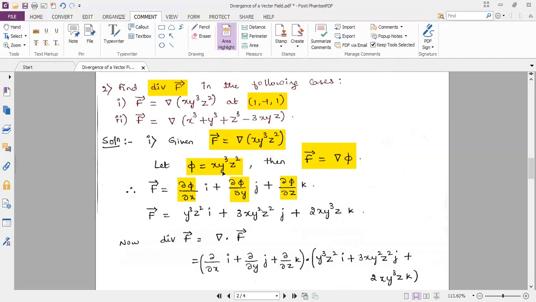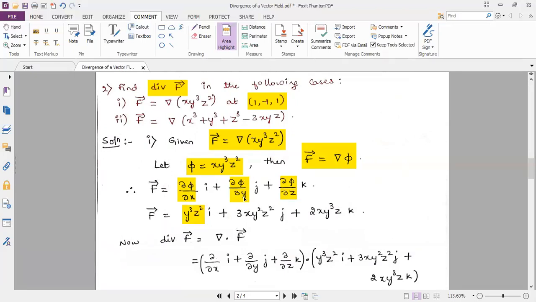Phi is x y cube z square. So partial differentiation with respect to x, y cube z square is a constant. Writing as it is, differentiation of x is 1. So 1 into y cube z square is y cube z square. Writing down i as it is. Plus dou phi by dou y.